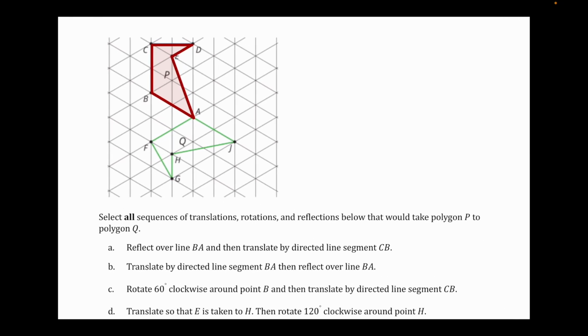So if we reflect this over line BA, I can't actually use my lasso tool here to flip it, but I can mostly use this to translate and to rotate. Technically it resizes, but I'm going to keep the size the same as much as I can, because we're not changing size here. So if I reflected this over BA, I'm just going to sketch where that would land.